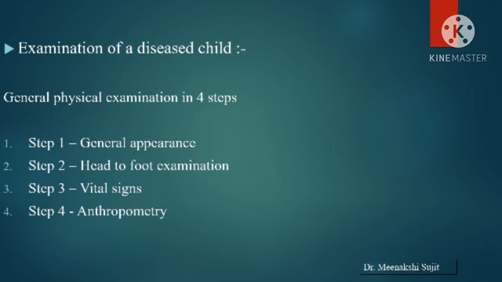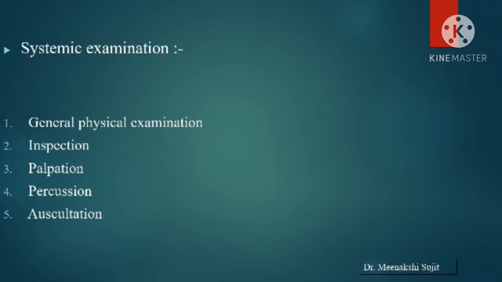So these 4 steps you have to cover in examination of a diseased child, that is general physical examination in 4 steps, so that you can diagnose correctly. Okay, our next point of examination is systemic examination. Those 4 steps were about general physical examination, right?